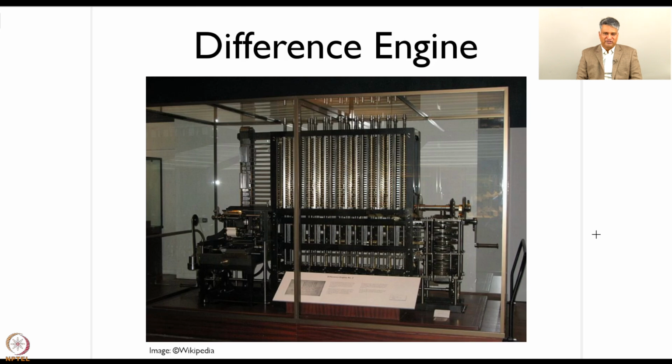The idea of the difference engine was that it would try to find out the coefficients of a polynomial which would be fit to a set of data. Given a set of data, when polynomial curve fitting was being done, what the coefficients of the different terms in the polynomial would be, that's what the difference engine would actually compute. So it had a very, very specific purpose. It was designed for a specific purpose.